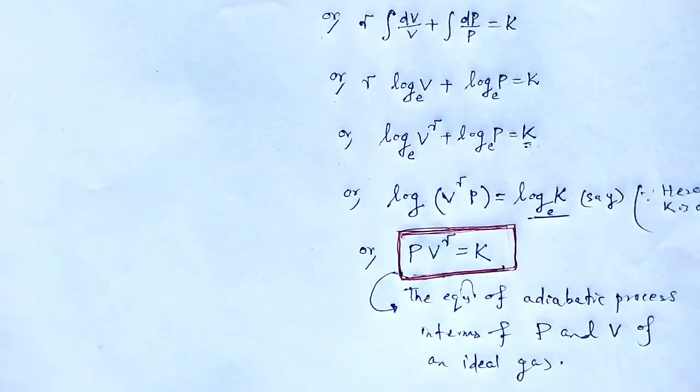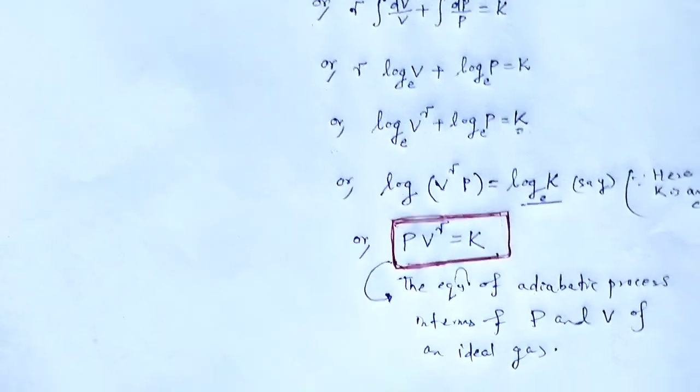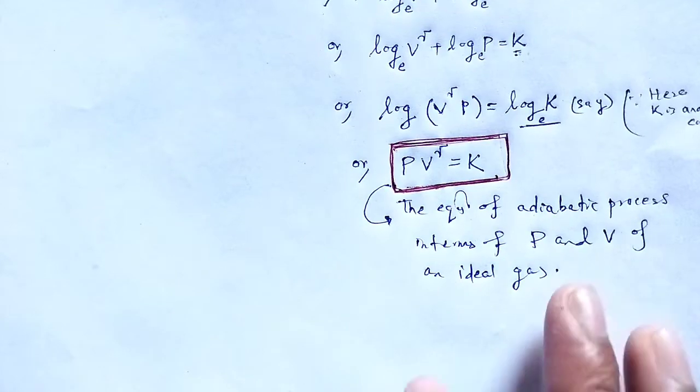We can again derive the equation of an ideal gas for the adiabatic process in terms of volume and temperature, and in terms of pressure and temperature. So various forms are derived.